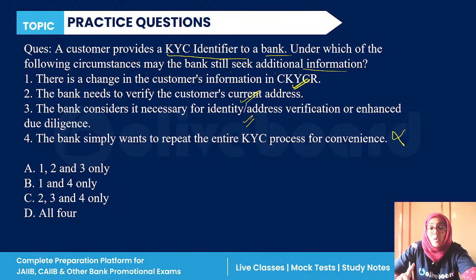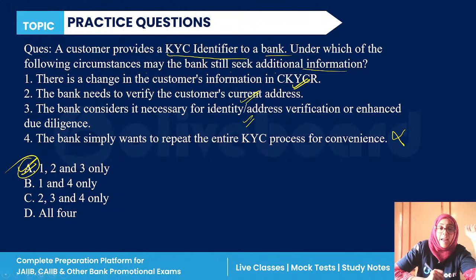No, that is not the case. Mere convenience is not a valid reason for unnecessary repetitive KYC. Just for your convenience, you cannot do the entire KYC process again. That's why only first, second, and third are correct, meaning A is correct, and the rest are wrong.